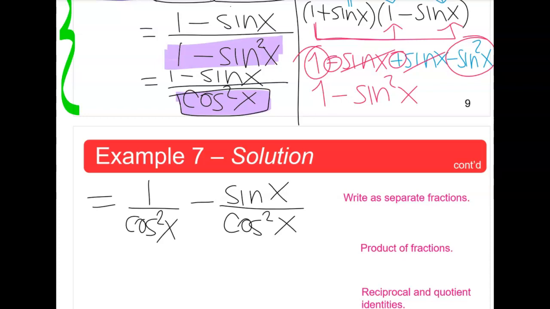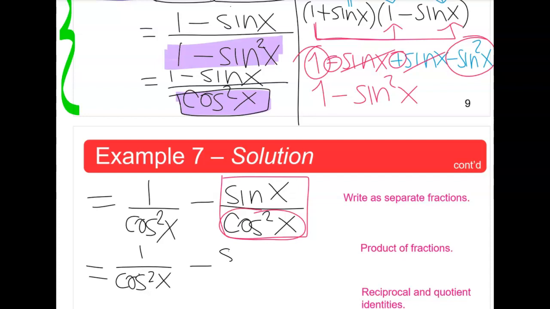Now we're going to use the reciprocal identity, but before that, we're going to rewrite the second fraction, this one, a little bit differently. And so what I'm going to do is rewrite cosine square as the product of cosine x times cosine x. I'm going to do that next. So 1 over cosine square x, that one I'm just leaving the same.